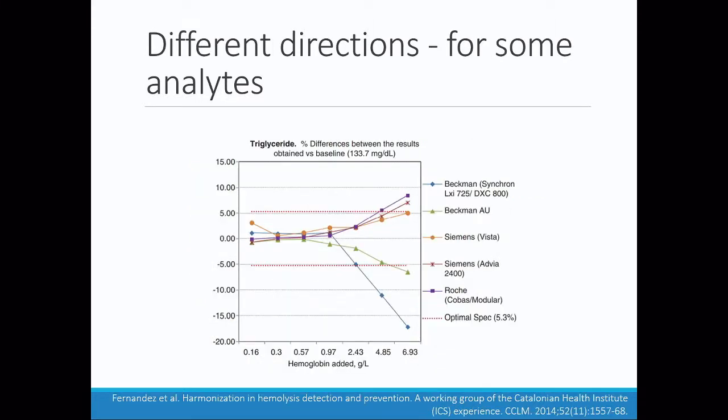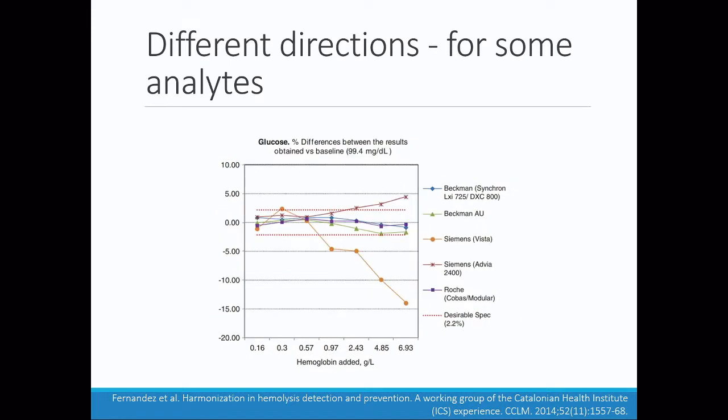On the other hand, we have, for example, triglyceride, where hemolysis may cause positive interference on some instruments, and negative interference on some others, like, for example, the Beckman-Coulter and Beckman-AU. The same holds for glucose.